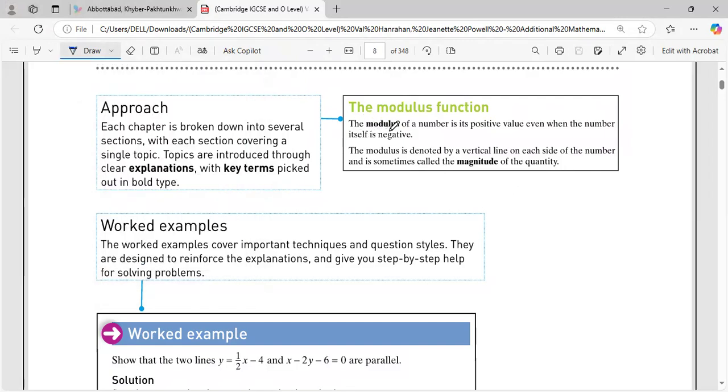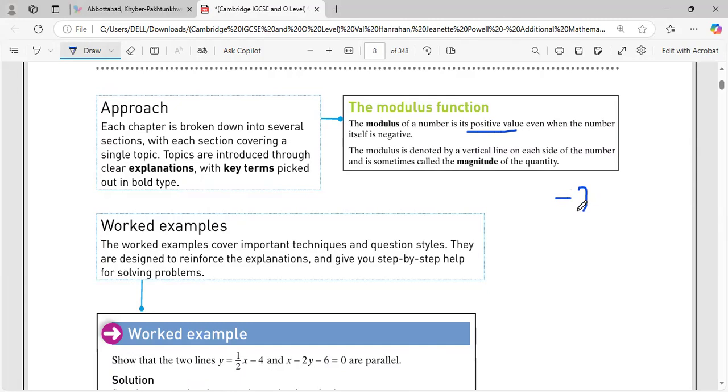The modulus of a number is its positive value, even when the number itself is negative. The modulus is denoted by a vertical line on each side of the number and is sometimes called the magnitude of the quantity, like this.